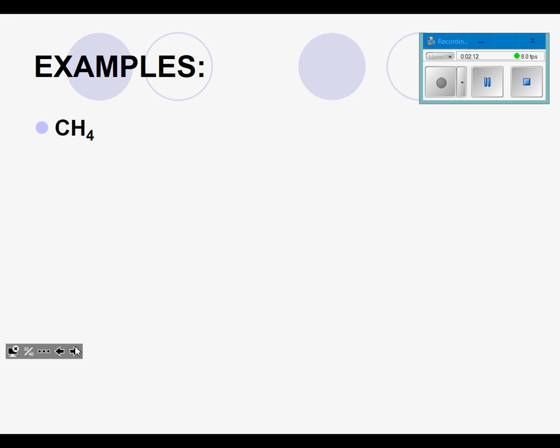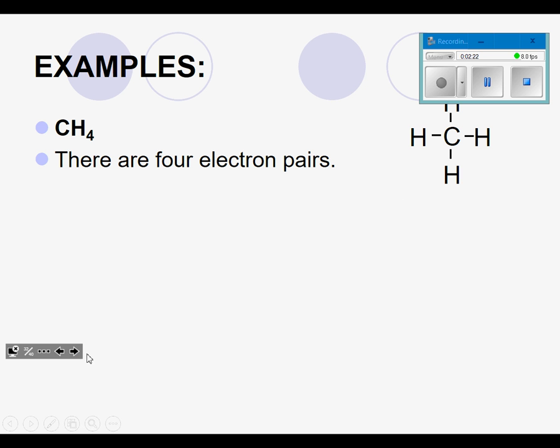Okay, then we have CH4. CH4, remember, has a picture of carbon in the middle and hydrogens on either side. So we find 4 electron pairs around the central atom. So 1, 2, 3, 4. Another way of thinking about this is that there's 4 bonded elements around the central atom.